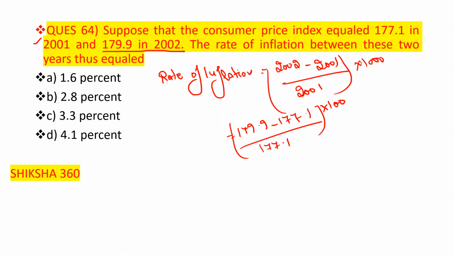Now we just have to calculate 179.9 minus 177.1 divided by 177.1 into 100. That comes out to 1.58%, approximately option A, that is 1.6%. So option A is the correct answer.